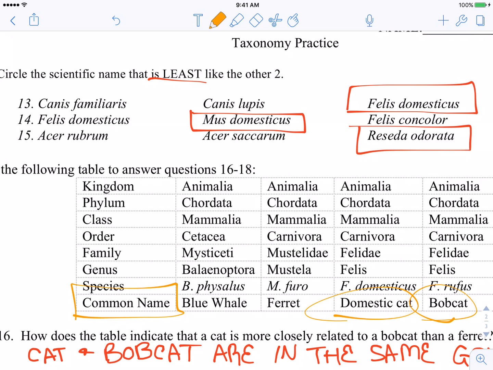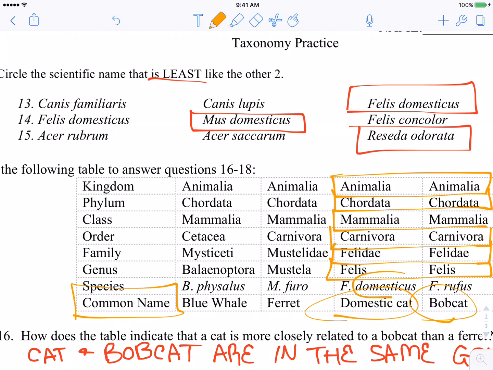Well, if we look at these two columns and compare them, they're in the same kingdom, the animal kingdom. They're in the same type of animals, which would be the phylum. They have spinal cords. They're also mammals. They eat meat. They're felines. They're in the Felis genus. The only difference between these two species is that level, which is the species.